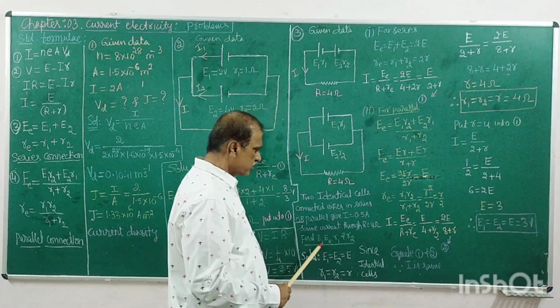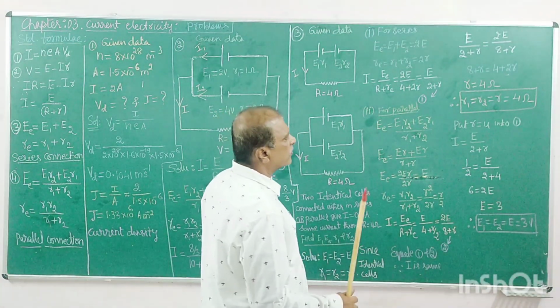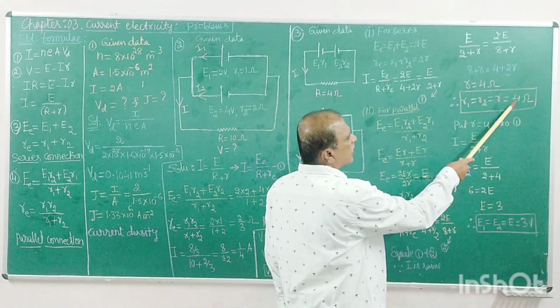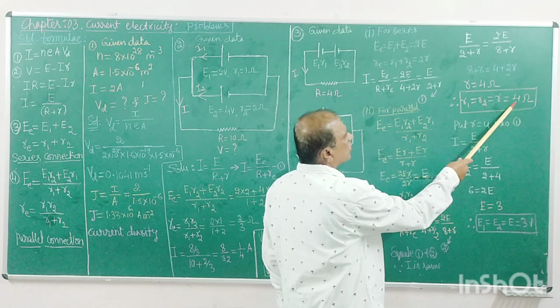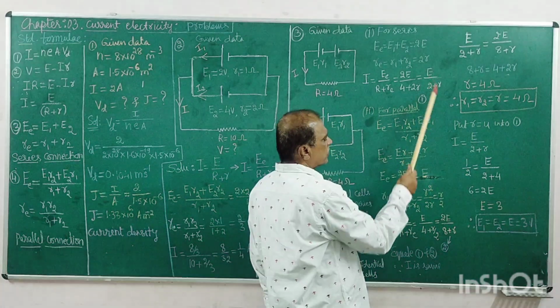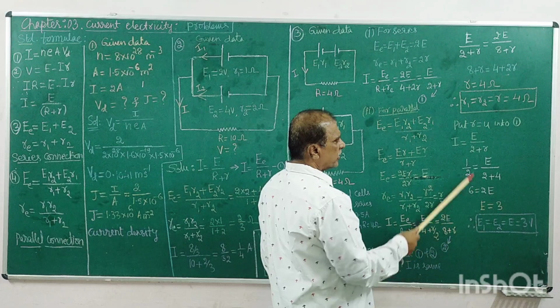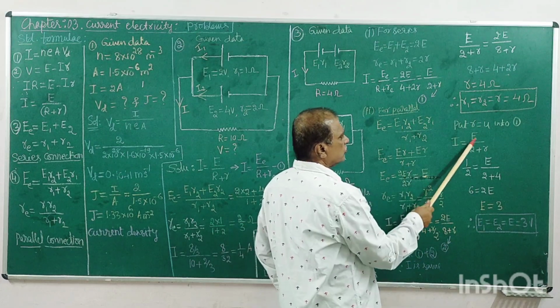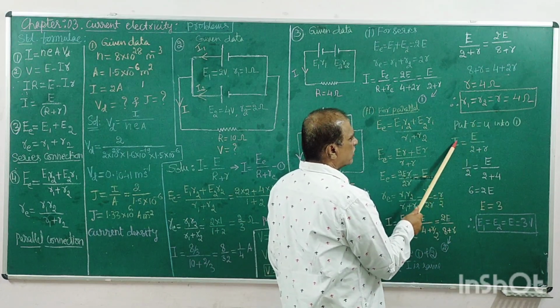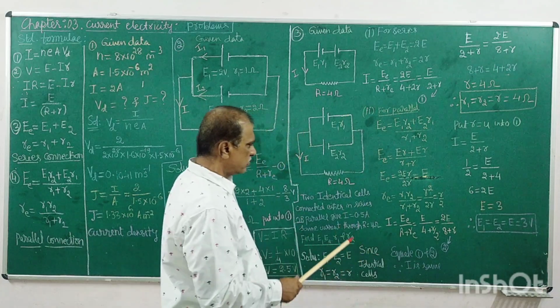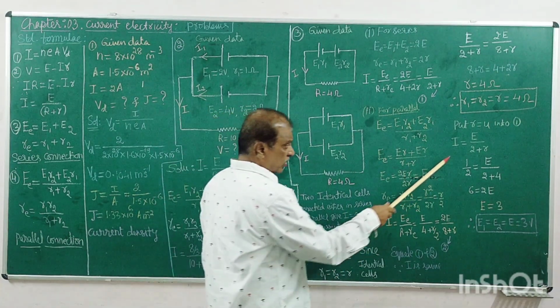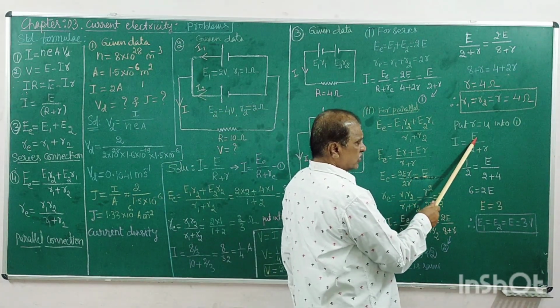Next is the calculation of E. For that, we can take this value and put it into either the first equation or the second equation. I have taken the first equation. So write what is I. The I value is given as 0.5, or 1 by 2. The E value is not known.